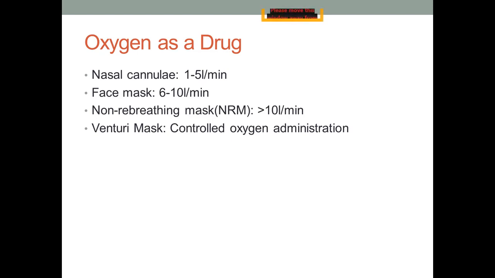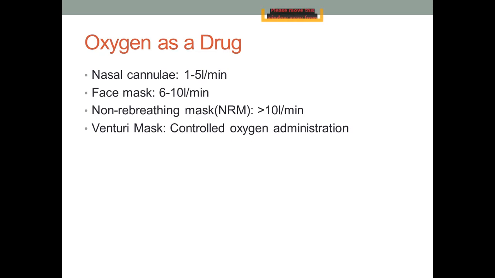When a patient needs 1 to 5 liters of oxygen per minute, this should be given by nasal cannula. When the patient needs oxygen between 6 to 10 liters per minute, then an oxygen face mask should be used.